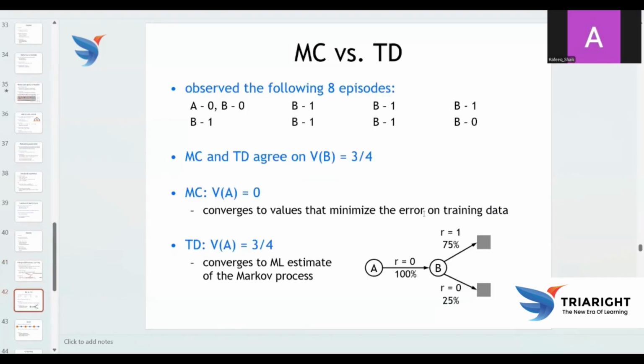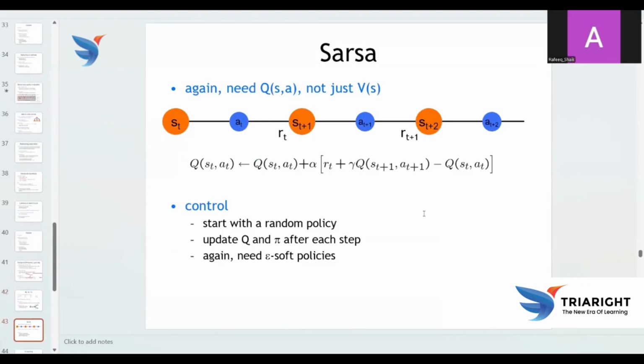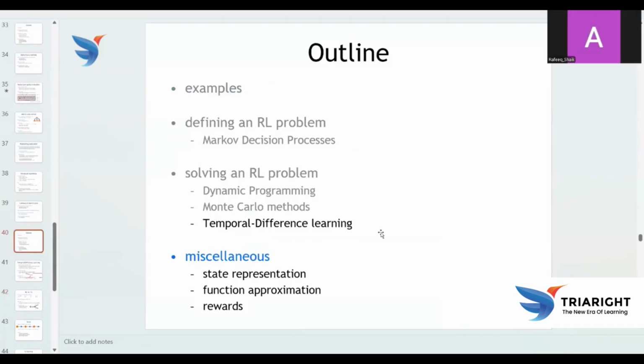And we can see the difference between MC and TD. SARSA is also one kind of reward system, and we can similarly call it that.